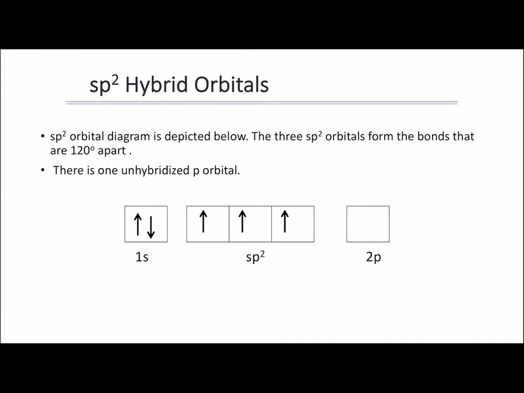Now let's look at sp2. So sp2 is when I take 1 s orbital and 2 of the p orbitals, and hybridize them together to create an sp2. So the original electron diagram would have looked something like this.